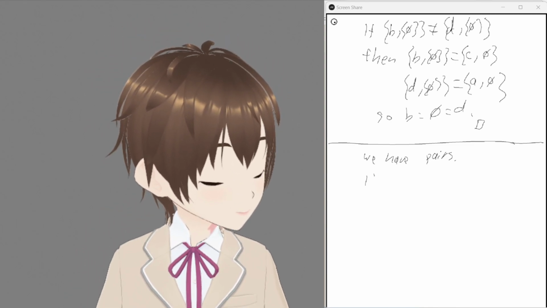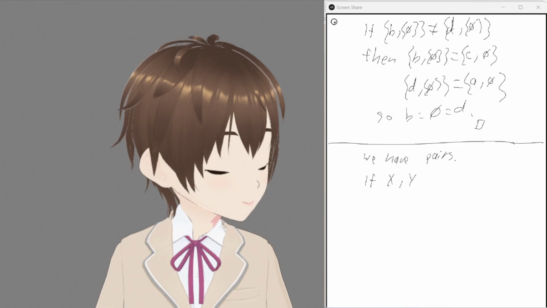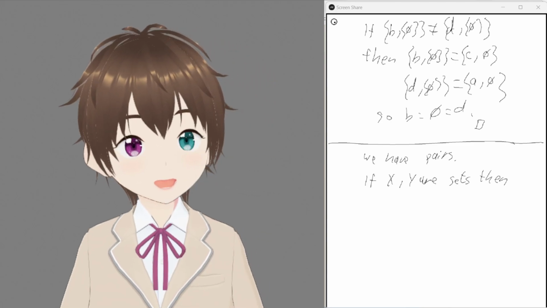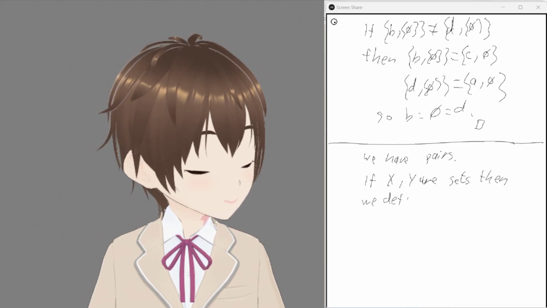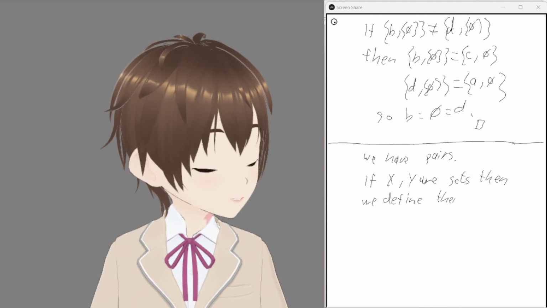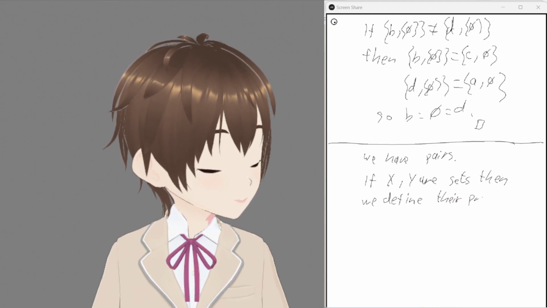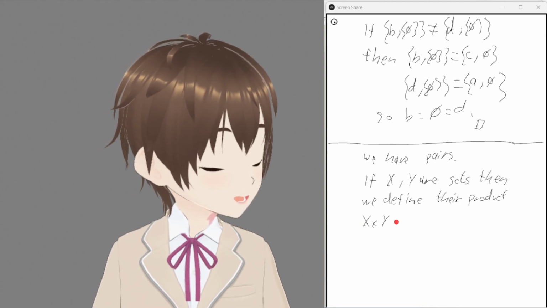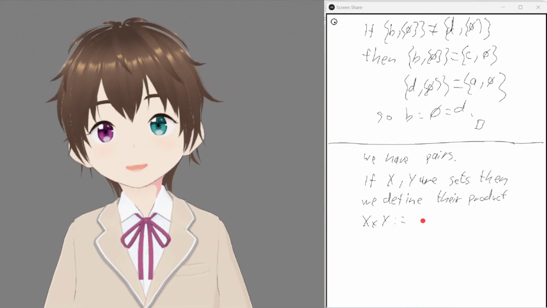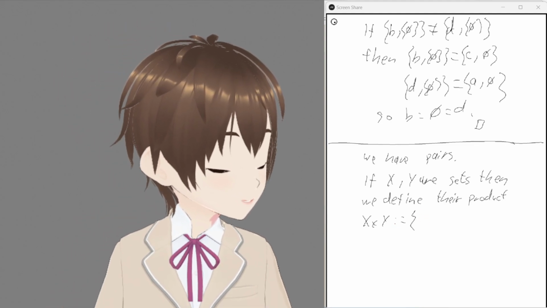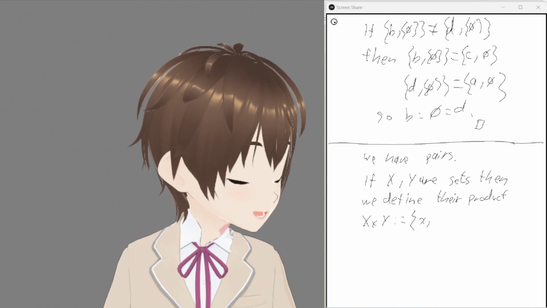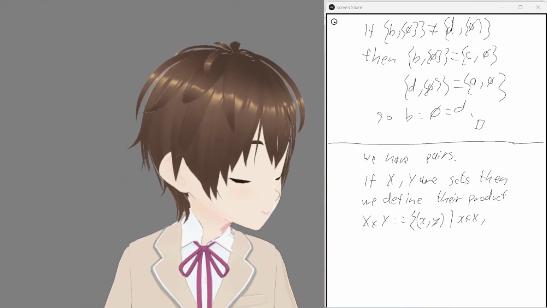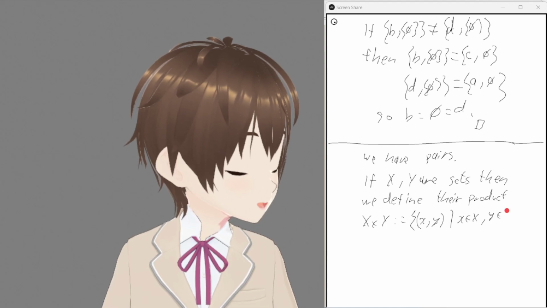So if X and Y are sets, then we define their product X times Y to be the set of pairs where the first thing is an x and the second thing is a y. So this is the things (x, y) such that x is in X and y is in Y.